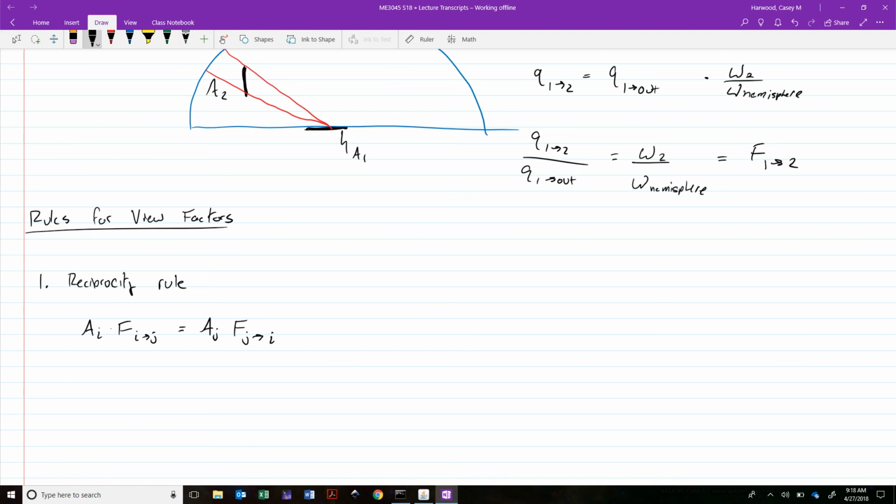If you were to trace backwards along those rays, you would end up hitting object I. So if we have the view factor from I to J, and we happen to know the surface areas of both of those objects, then it's very easy to figure out what the view factor going the other direction is. This one's key for the homework.